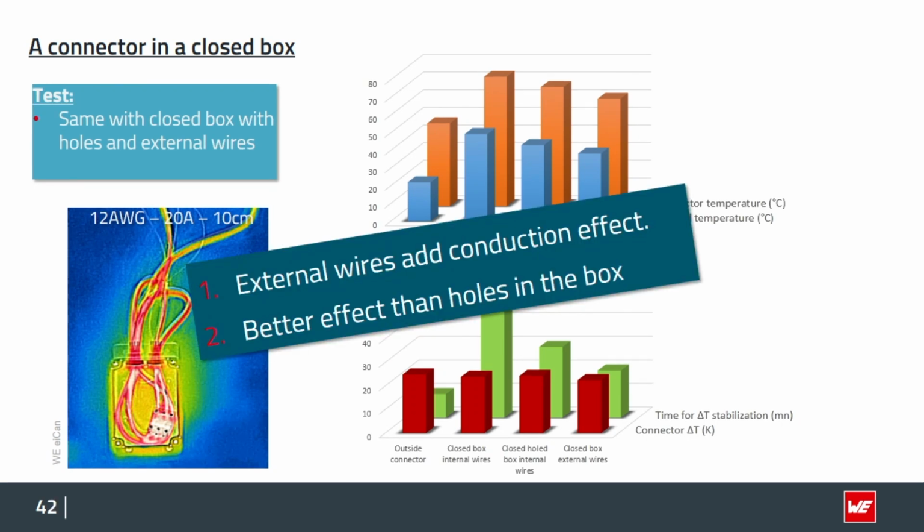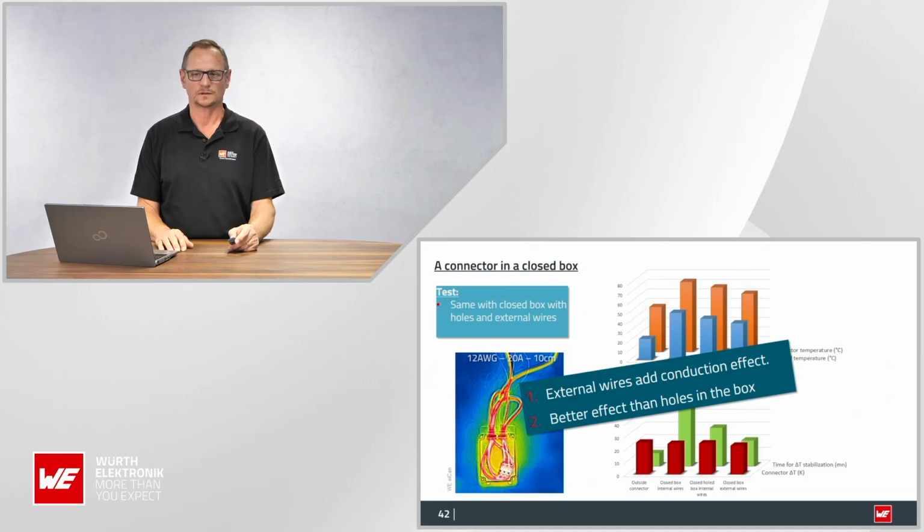So the external wires add the conduction effect, because this is drawing out the heat of the system. And it's even better than holes in the box. Of course, you can apply other possibilities for cooling down, but the first important thing is that the connector is not overheating, as we learned, and this is at least the best of these three choices that we had.